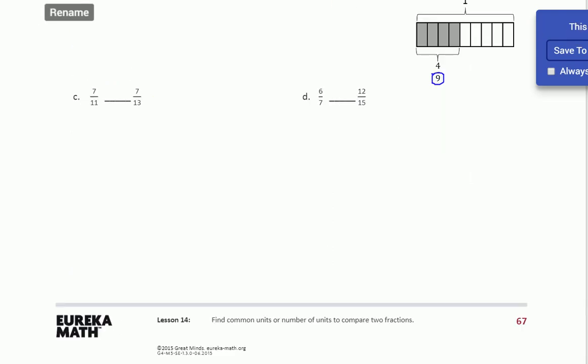All right, so C looks pretty much the same as the last one. We have the same number on the numerator, which means you have 7 pieces, but we have 7 pieces of 11ths and 13ths. Well, which one has bigger slices, 11ths or 13ths? Well, 11ths are going to be bigger, so that was pretty easy.